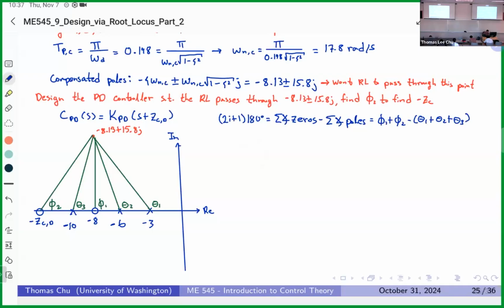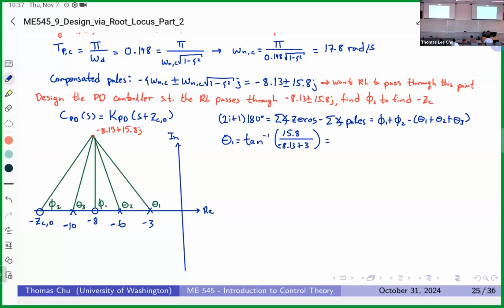We can determine everything except phi 2 using trig. Theta 1 is equal to arctan of our evaluated point, which is 15.8 minus the height, which is 0, over -8.13 minus -3, so that's plus 3.